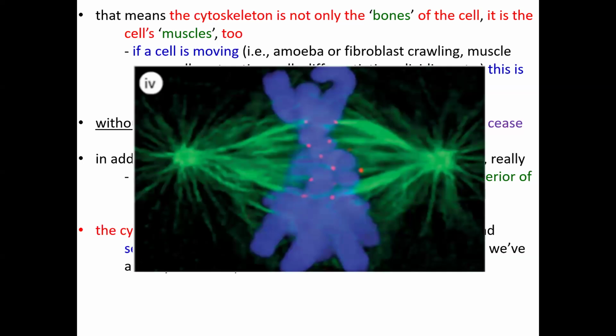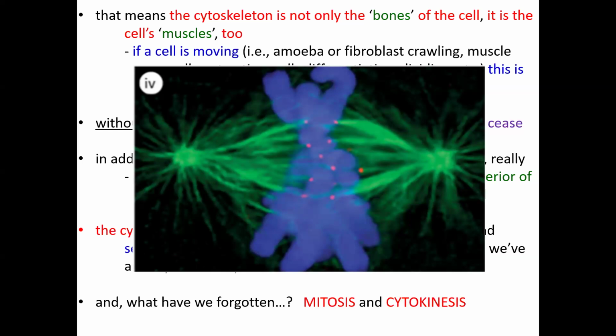Here again, we've got a DAPI stain, so the chromosomes are stained in blue. The microtubules here are stained in green. This is a cell in the middle of mitosis, and so get ready for it. It's happening. Mitosis all over again. We're going to go deeply into mitosis next week from a cellular biology perspective. But those are microtubules in green. And what are those microtubules going to do?